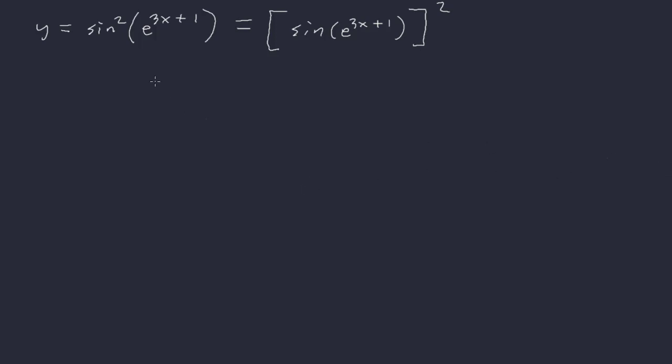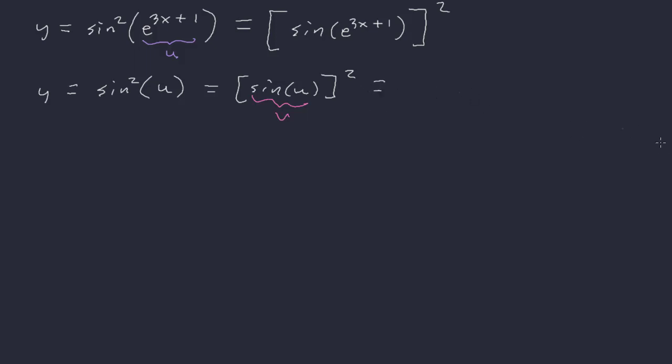Right, because think of it this way. If I say that this is u, we have y equals sine squared of u. But sine squared is already squared, so we can think of this, let's call this v.